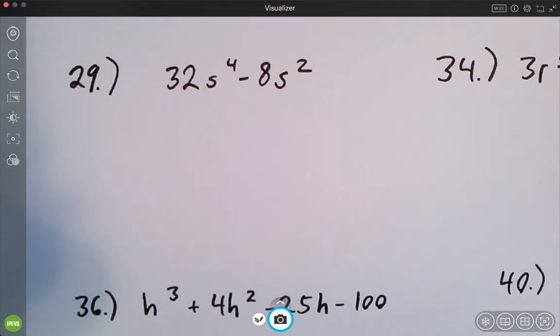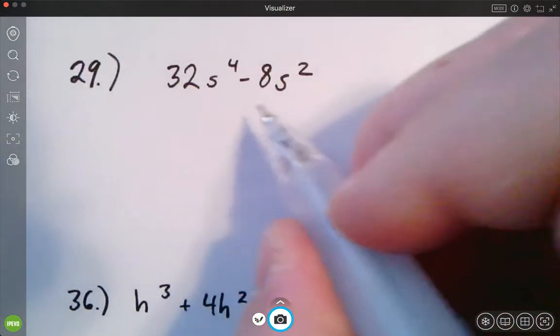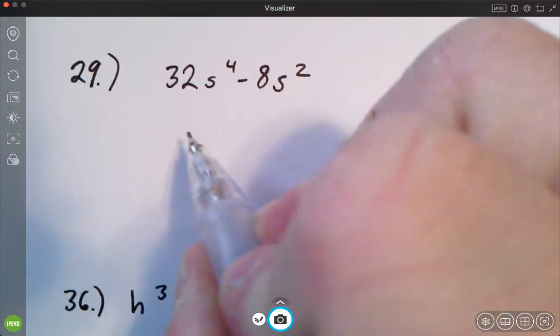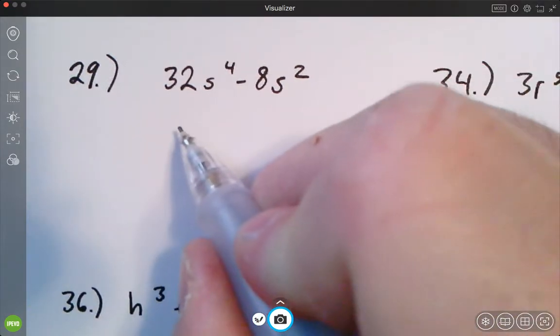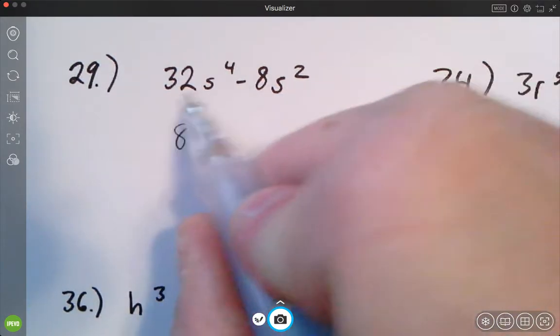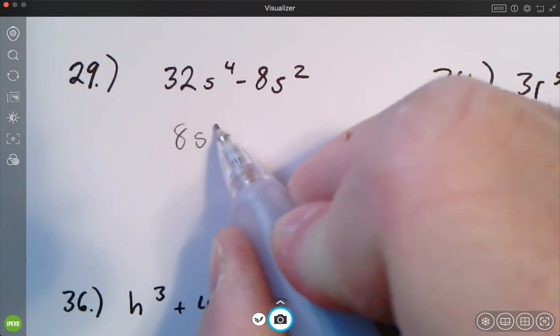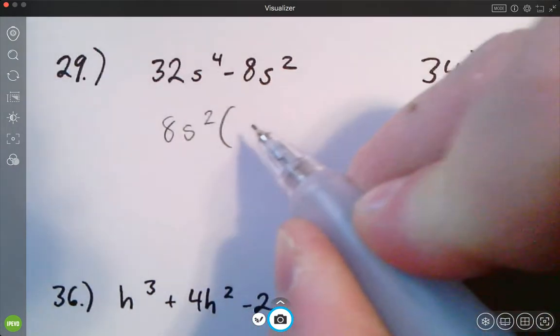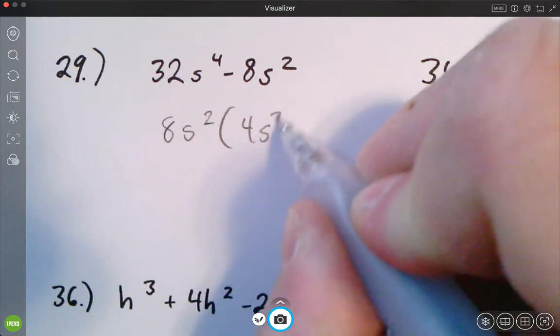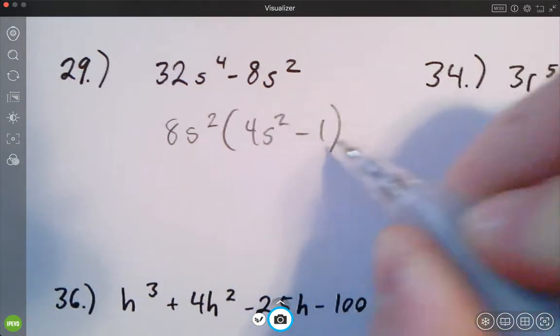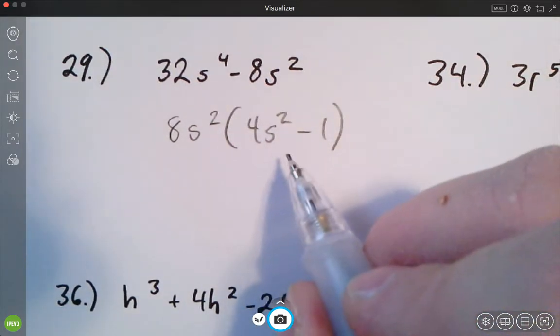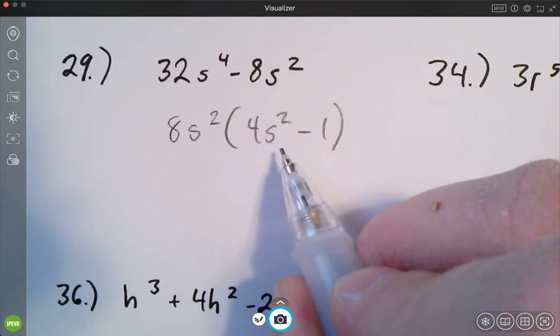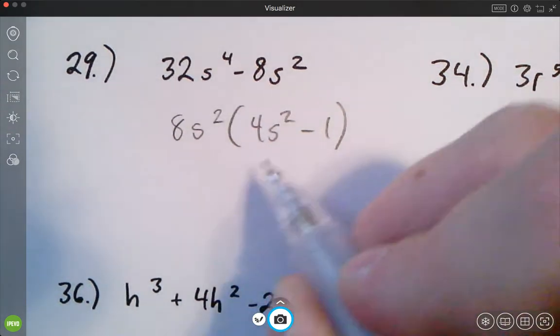So here goes. This first one, number 29: when I factor this completely, I can definitely factor out 8 in common and s squared. Then I'm left with 4s squared minus 1. That is a difference of two squares, a special case factoring.